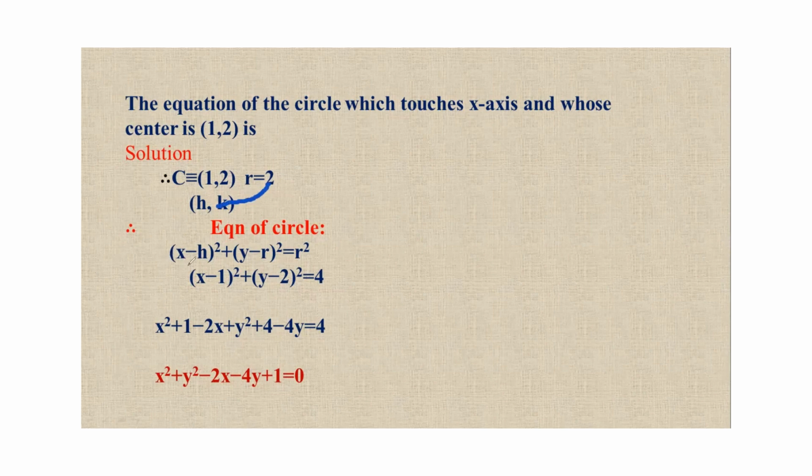Using the circle equation, (x minus h) squared plus (y minus r) squared equals r squared, here is the value of h and there is the value of k, which equals r. So the equation of the circle is (x minus 1) squared plus (y minus 2) squared equals 4.